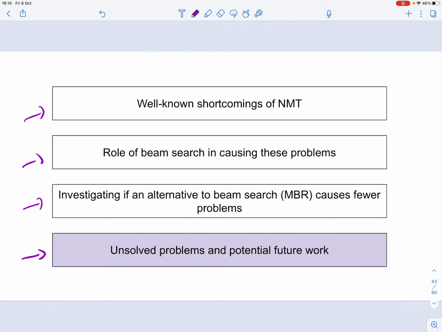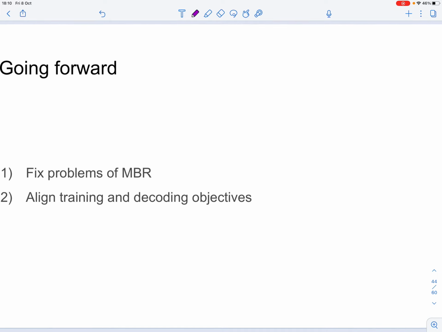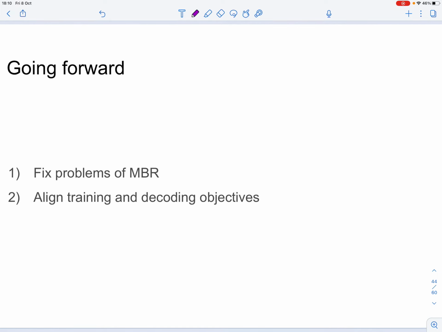And now, as I said, I'm going to close with an outlook of sorts. So going forward, what I can imagine could lead to some progress in the field is, first of all, fixing the problems that MBR currently has, and also I can imagine that it could be useful to shift attention away from MBR again, and so stick with beam search and try to improve the alignment between the training and the decoding objectives.